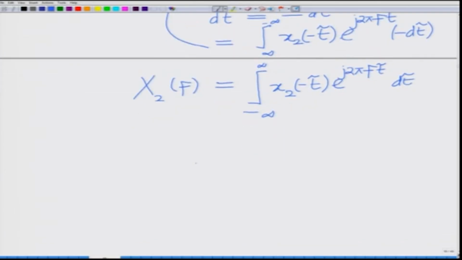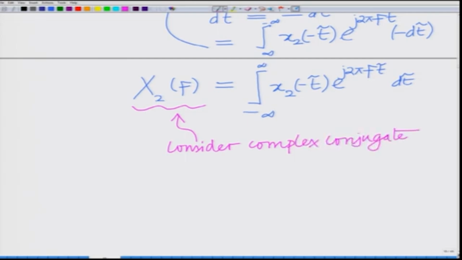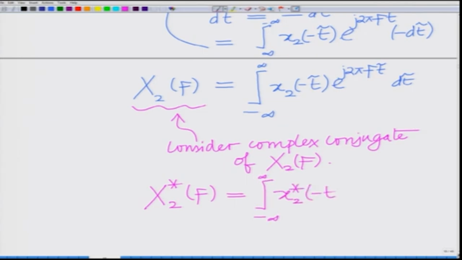Now, if we consider the complex conjugate of x2(f), I have x2 conjugate of f equals the integral from minus infinity to infinity of x2 conjugate of minus t tilde, e to the power of minus j 2 pi f t tilde, d t tilde.